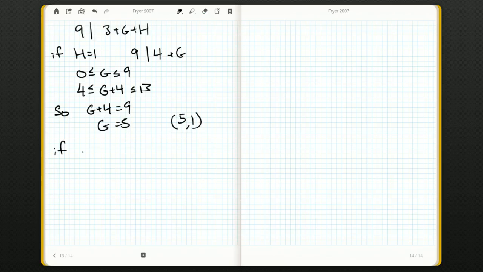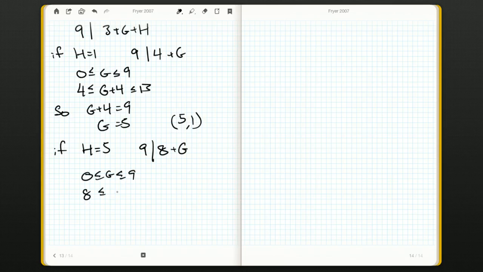What else could H be? H could be 5. So then 9 divides 8 plus G. So 8 plus G is divisible by 9. Well, we know the game by now.